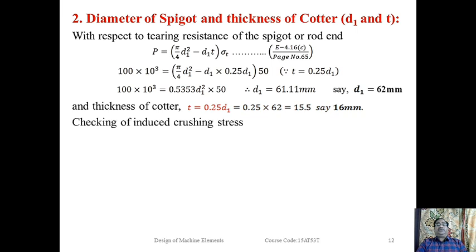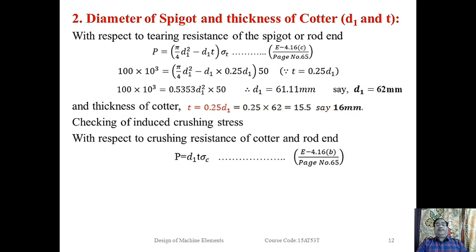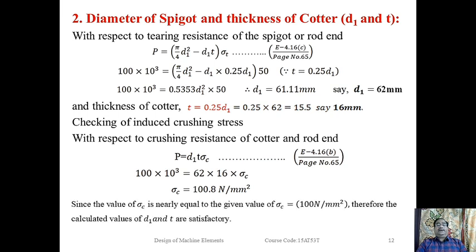After that again we have to check for the induced crushing stress. So after putting the values of P, D1 and T, the value of sigma C, that is crushing stress, comes 100.8 Newton per mm square. So here the given value of sigma C is 100 Newton per mm square, which is nearly equal to the calculated value of sigma C, that is 100.8 Newton per mm square.